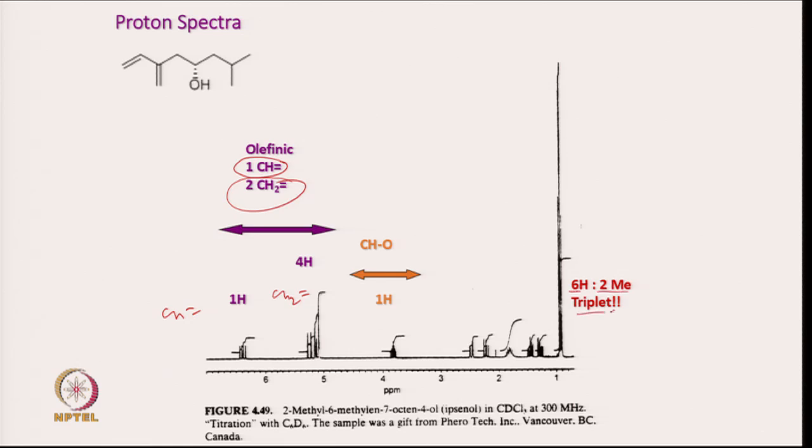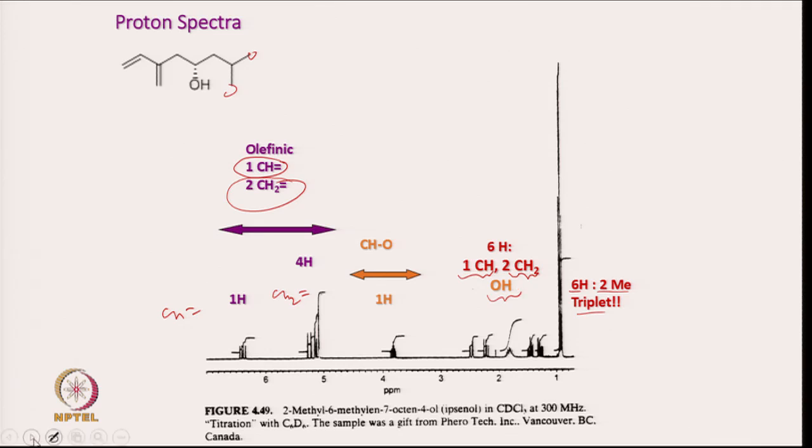It means you have 2 methyl triplets here. So this can be assigned now, and there are 6H which will come from one CH, 2 into 2 which is 4 from CH2, and one from OH. Now, it is a bit difficult to assign here.